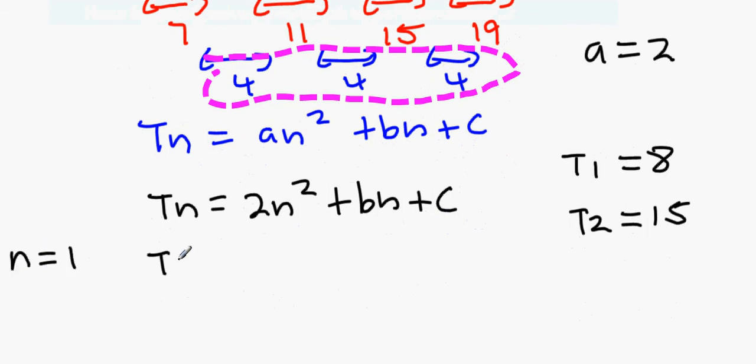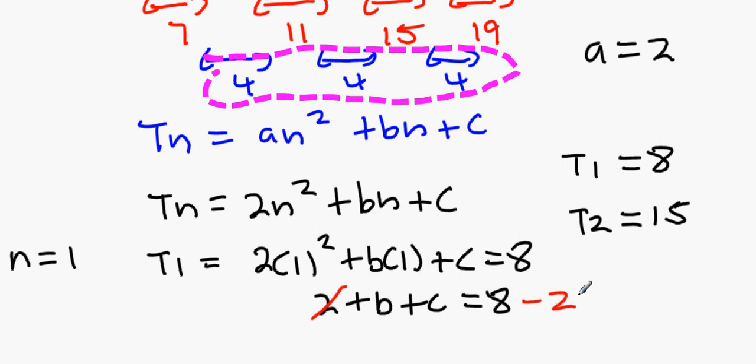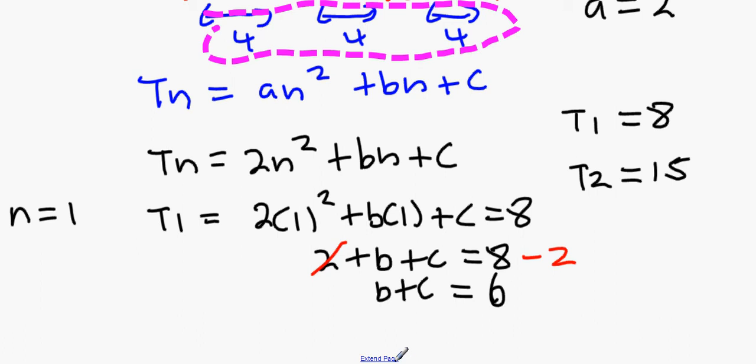T1 equals 2 times 1 squared plus b times 1 plus c, and this equals 8. So we get 2 plus b plus c equals 8. The 2 goes over the other side and turns into a minus 2, so b plus c must equal 6.